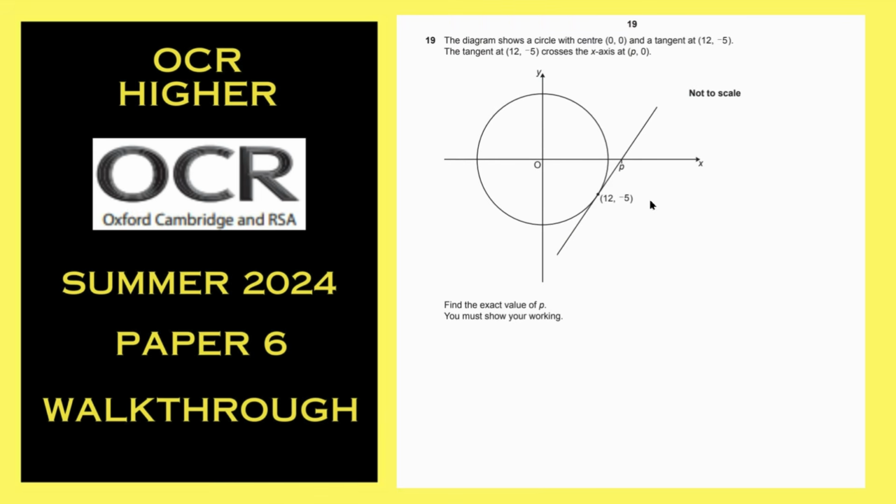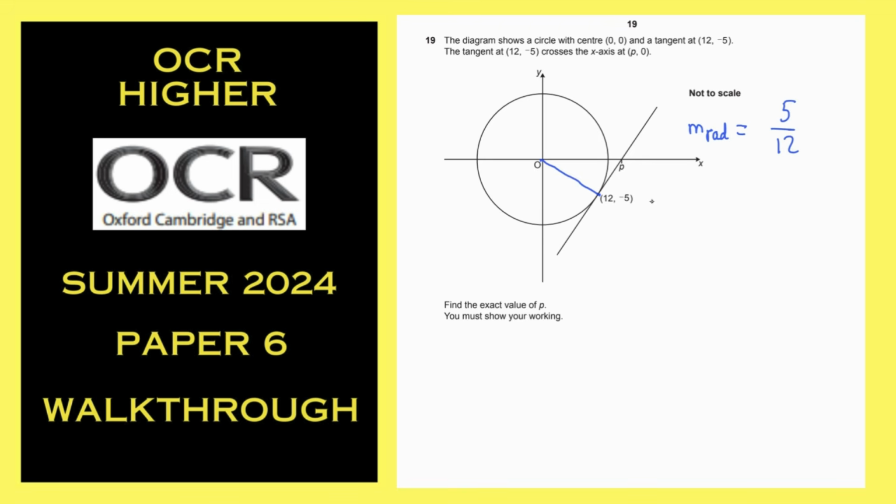Next, you've got a circle. When you've got a circle, it means you have a radius. It goes from 0, 0 to 12, minus 5. First thing to look at, find the gradient of the radius. The gradient of the radius is the vertical change, which is 5, divided by the horizontal change, which is 12.